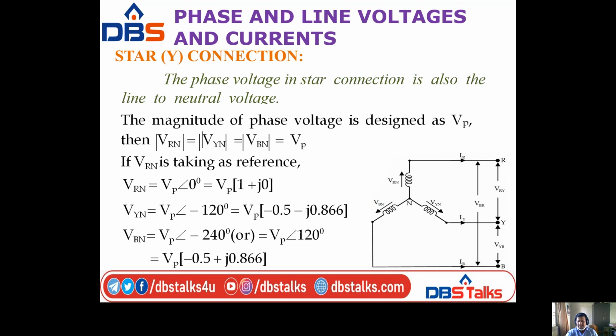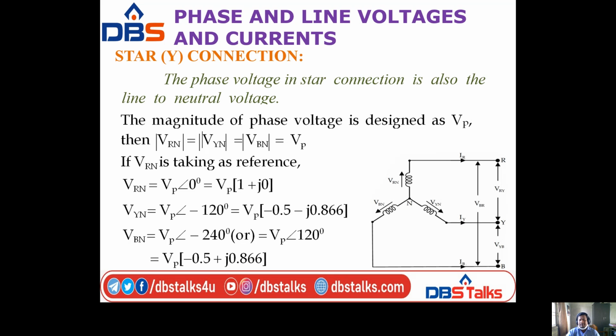I am taking it in the clockwise direction. VRN is equal to VP at angle 0 degrees. This is the phase voltage in polar form, and in rectangular form it is VP into cos 0 plus j sin 0, that is VP into 1 plus j0.